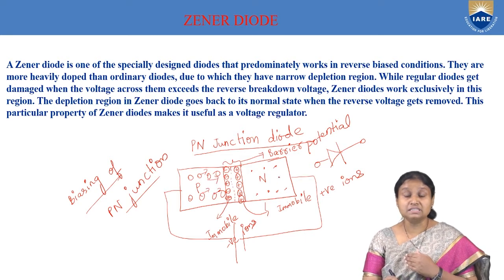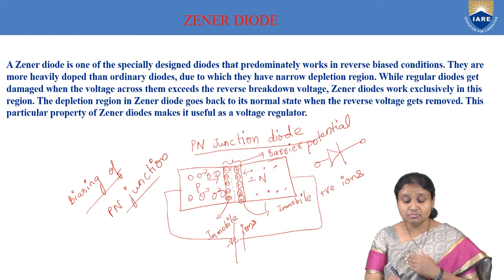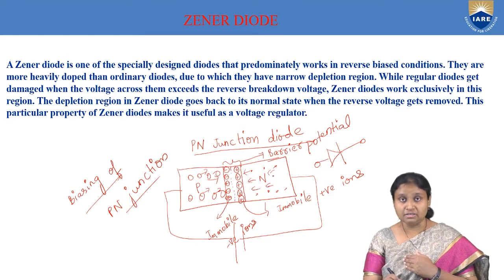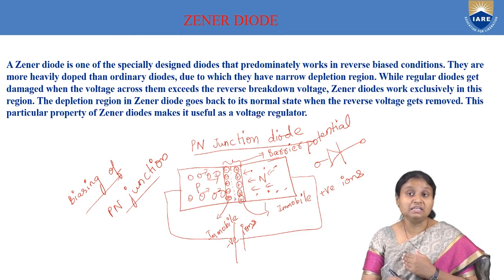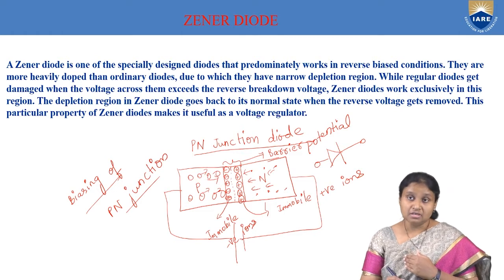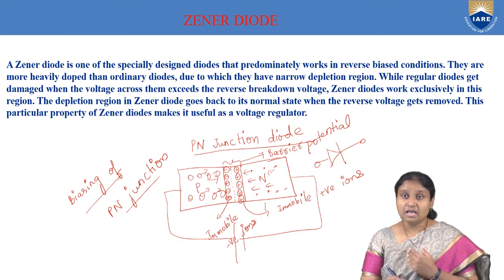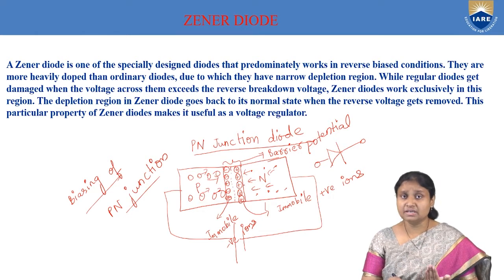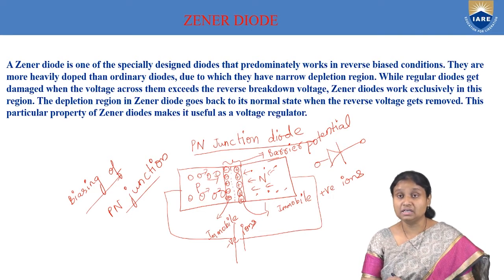Similarly, electrons suffer repulsion from the negative terminal and also start moving towards the depletion layer. Whatever mobile charge carriers are in the depletion layer also gain energy because of forward biasing, and the width of the depletion layer slowly decreases because all these charge carriers become mobile and take part in conduction.